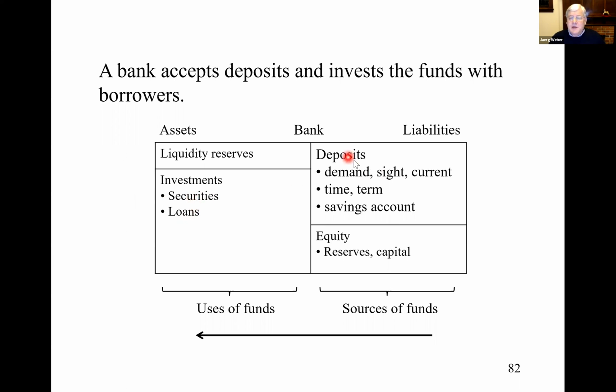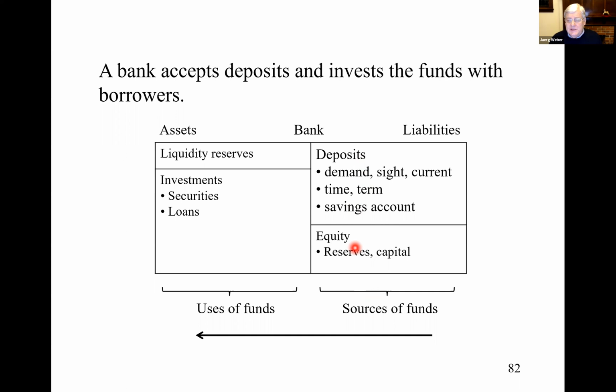And here the bank may pay a low interest. So the interest rates here are usually higher than here. The right side of the balance sheet of a bank shows the sources of funds. They include those deposits of the public and also what's owned by the shareholders of the bank.